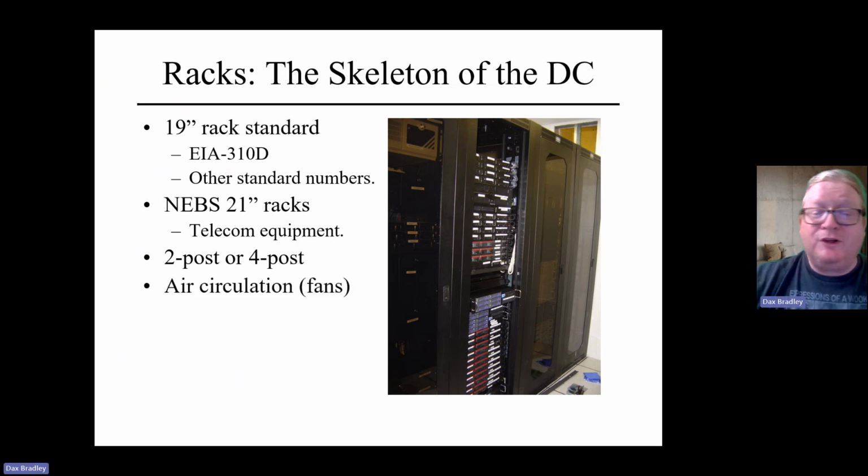They provide air circulation, usually in fans. Now, the fans typically are built into the nodes themselves, but there are some systems that don't have them internally built. You have to have an additional rack mount for the fans. And it allows room for cable management. And there are usually doors, or it may be wide open.